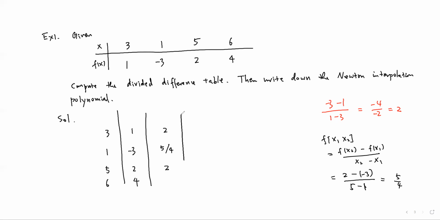Now the next column is divided differences of order 2.